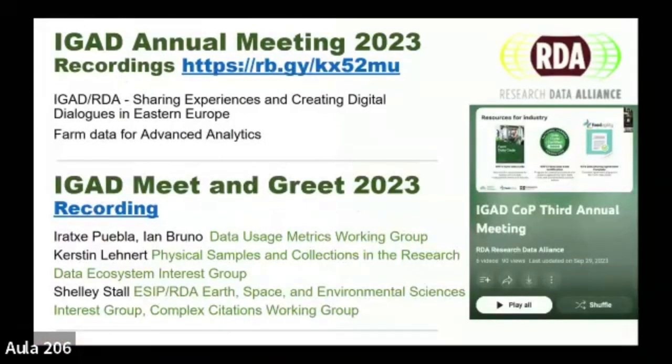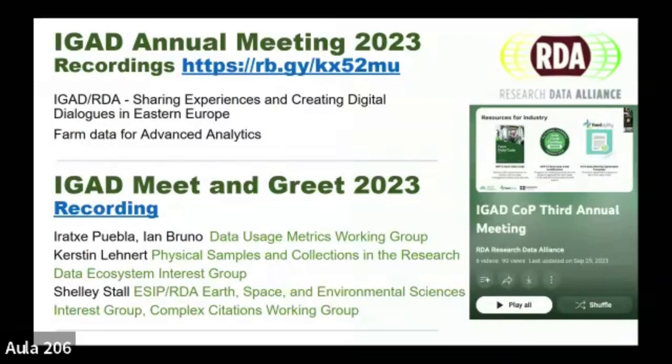Okay, so just a couple examples of the kinds of things we do. In 2023, we held our third annual meeting, which was essentially two weeks' worth of webinars that we organized from people around the world. That was fully virtual. It was not in association with an RDA conference. And it focused primarily on some collaborations we have in Eastern Europe and also farm data from around the world.